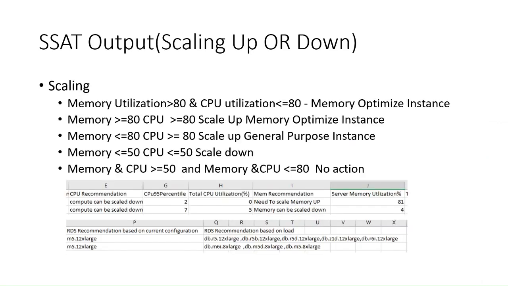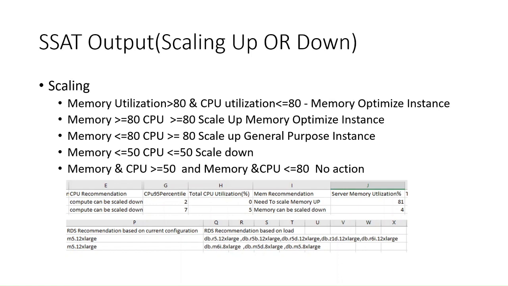So how do we scale up or scale down? This matrix will summarize the scaling up and scaling down. If, for example, the memory utilization was over 80 and CPU utilization was less than 80, we do not scale you up, but we move you to a memory optimized instance.